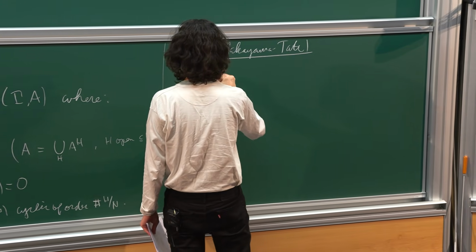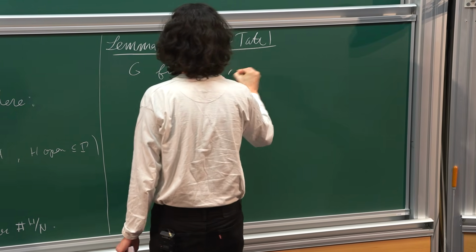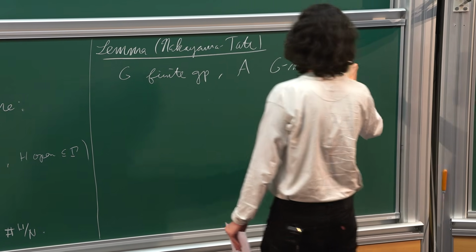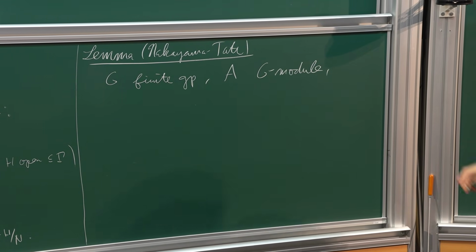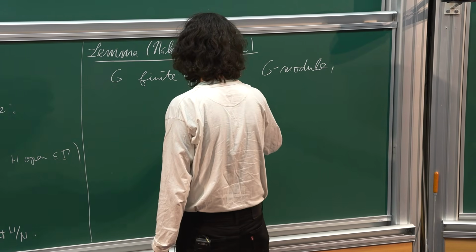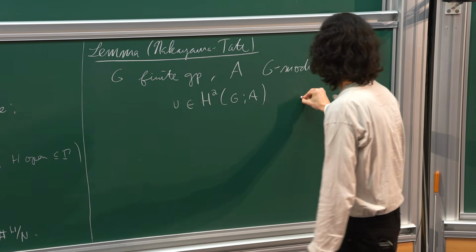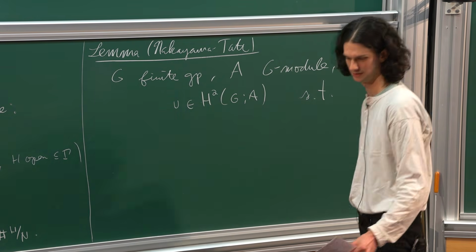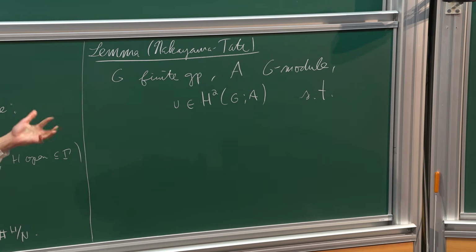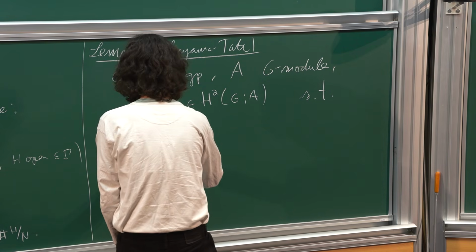So suppose G is a finite group, and A is a G-module. So now it's just an abelian group with an action of G. And then suppose we're given a class u in H^2. And we make an assumption. If you're given a class in H^2, then you can cup with it on cohomology.